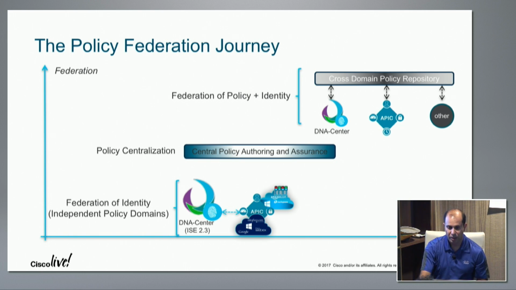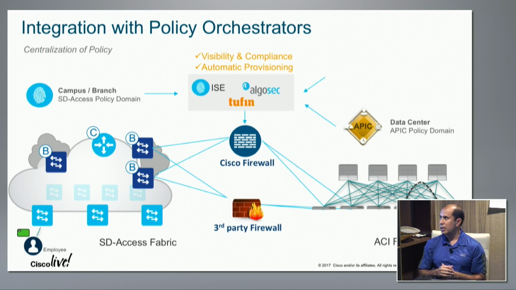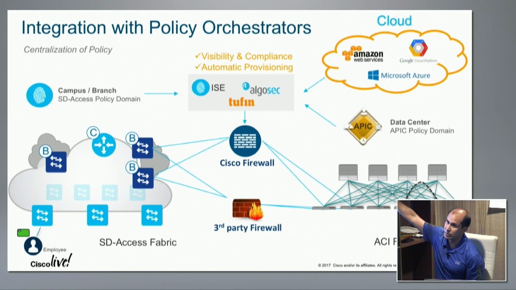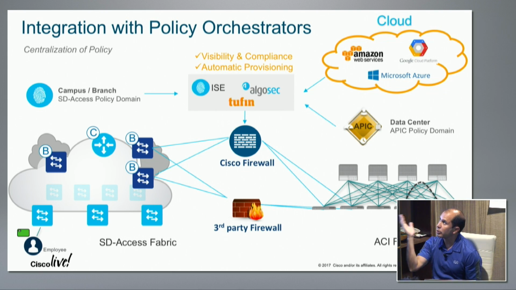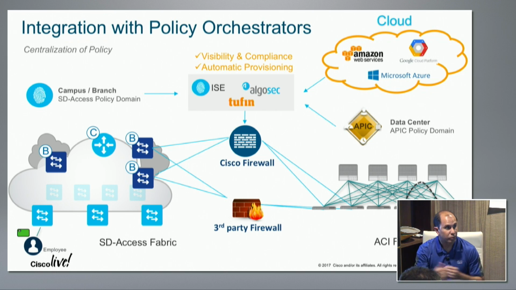In the meantime, we're basically in an environment where you can have Cisco firewalls, third-party firewalls as a security domain that may be basically wedged between the access network and the data center. You will have data center environments, not just Cisco data center environments, but cloud data center environments, right? We will basically be exchanging identity information between them, and there are commonly used tools that can orchestrate the policy that we're using.